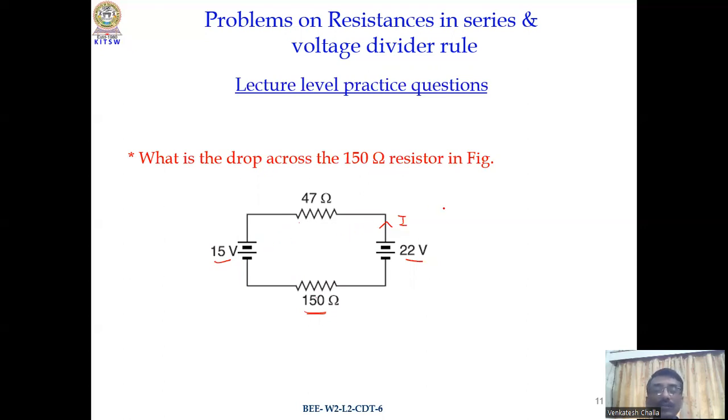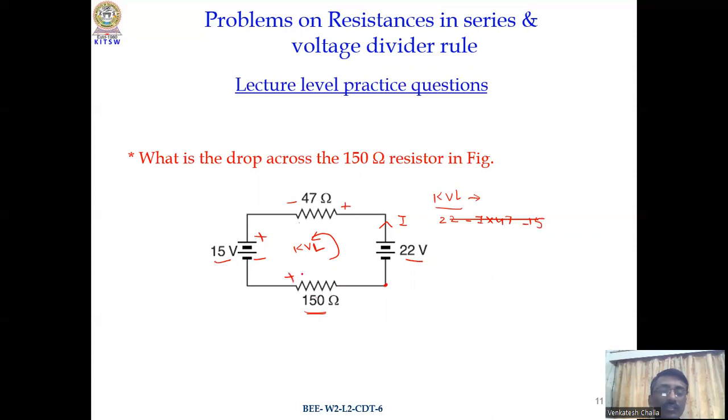Now what will be I? To find I, you can apply KVL in the anti-clockwise direction. If I start from here, there is a voltage rise. Applying KVL to the circuit, I get voltage rise 22, and the current is passing here, plus to minus, so minus I into 47. Next here, this is plus, this is minus, we are moving plus to minus, so minus 15.